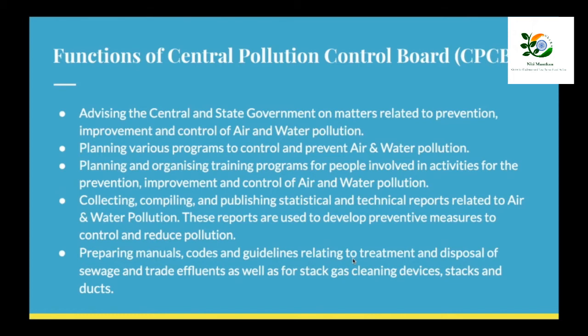The board was established to coordinate the activities of the State Pollution Control Boards and provide technical know-how and guidance to different state boards. The first function is to advise the central and state governments on various matters pertaining to improvement of control of air and water pollution.